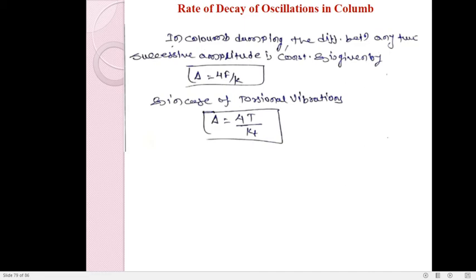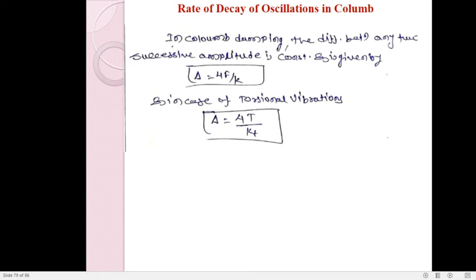When viscous dampers or oil dampers are used, the rate of decrement in the amplitude is given by the logarithmic decrement, small delta is equal to log base e of x1 upon x2, or if n number of cycles are there, delta is equal to 1 upon n into log base e of x1 upon xn.